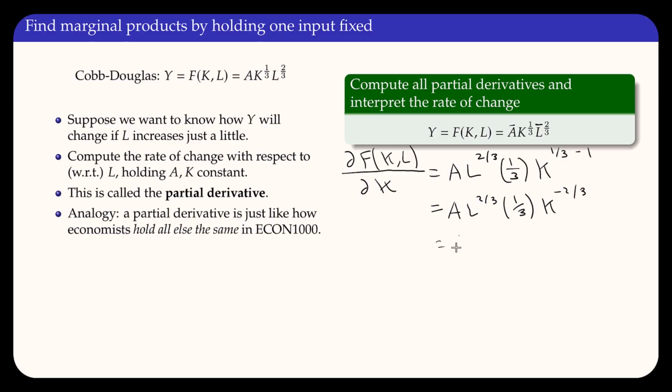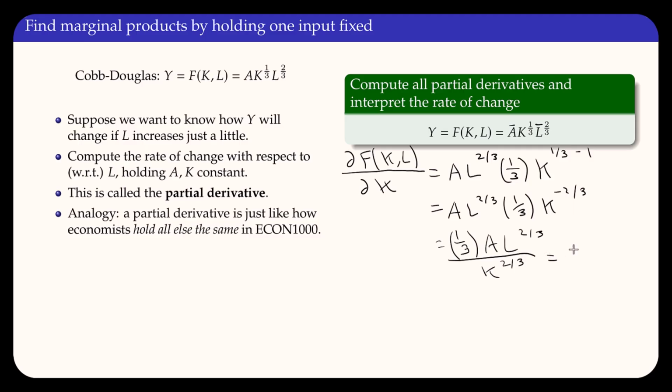And I could also write this as A, well, maybe I'll put the 1/3 at the front. We've got an A, we've got our L to the 2/3, and I can put the K into the denominator, because the negative exponent, if I put it in the denominator, I can write it as a positive.